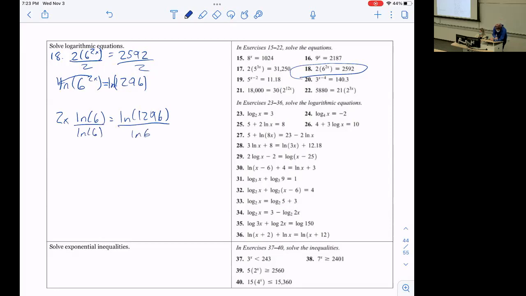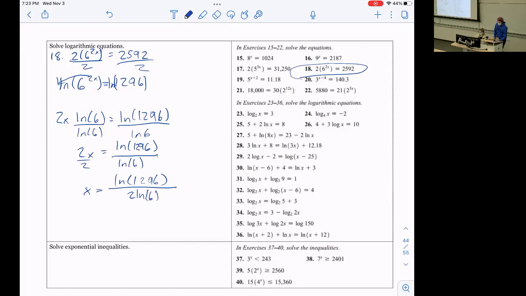So that number is kind of gross. So we'll just write 2x is equal to ln of 1296 over ln of 6. So we can just divide by 2 on both sides to get x by itself. x is equal to ln of 1296 over 2 times ln of 6.